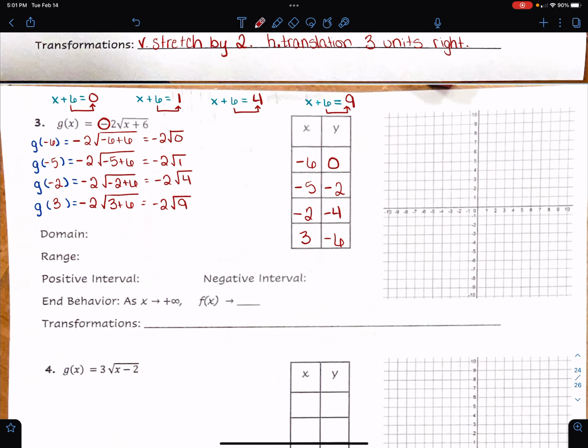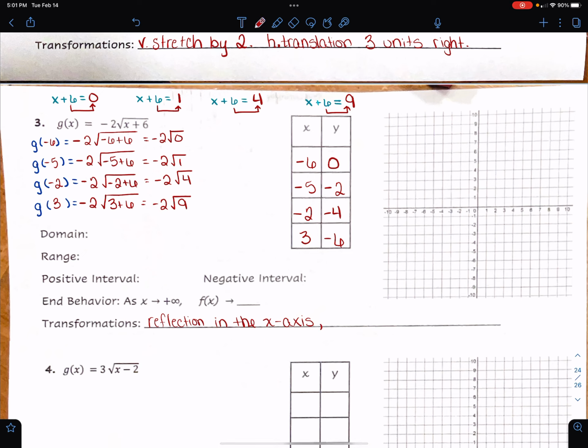So the negative is a reflection in the x-axis or over the x-axis. So then rather than opening above the x-axis, this time it's actually going to open below the x-axis. That's something that I should expect to see.